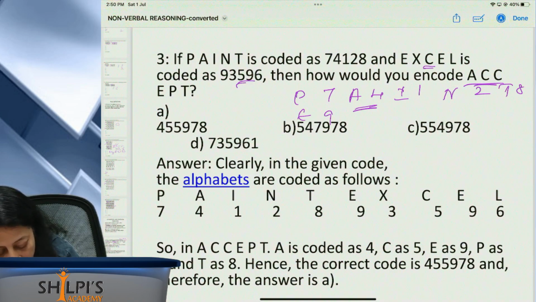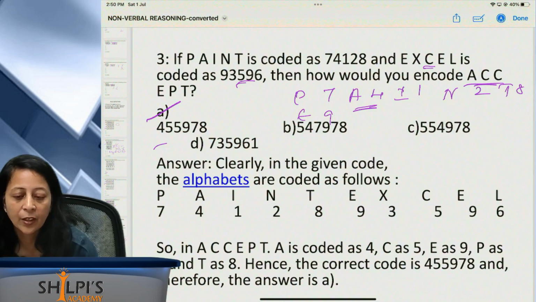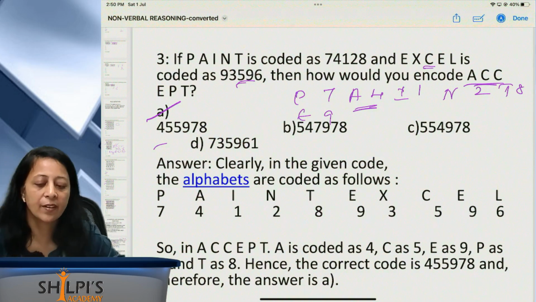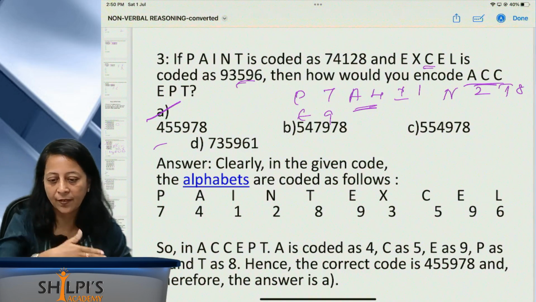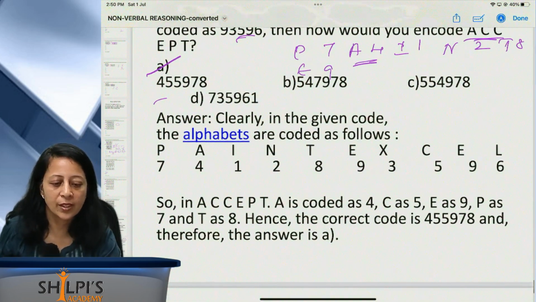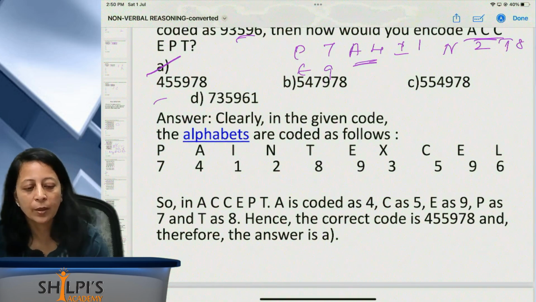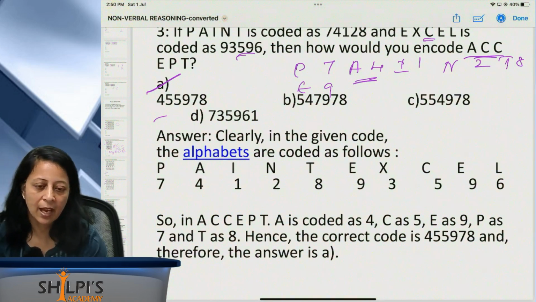So it will be 5, 5. So 4, 5, 5. So the option is A. Clearly in the given code, Paint Excel, you just write the numbers against the alphabets. P as 7, A as 4, everything. So to accept, A is coded as 4, C as 5, so the code is 455978. Just write the numbers against the alphabets. That's it.